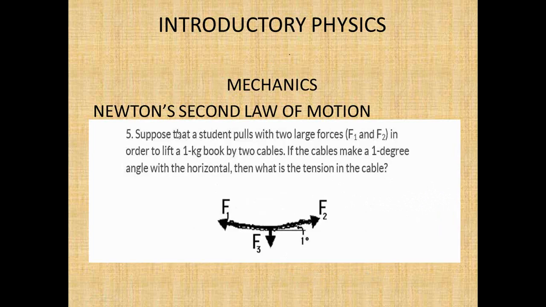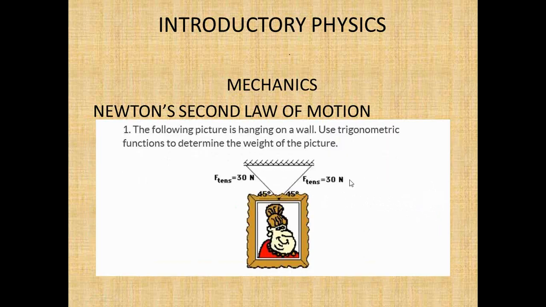So suppose that a student pulls with two large forces, F1 and F2, in order to lift a 1 kilogram book by 2 cables. So this is the 1 kilogram book. There are 2 cables, and the cables make a 1 degree angle with the horizontal. Then what is the tension in the cable?